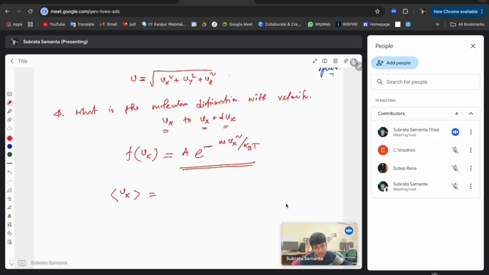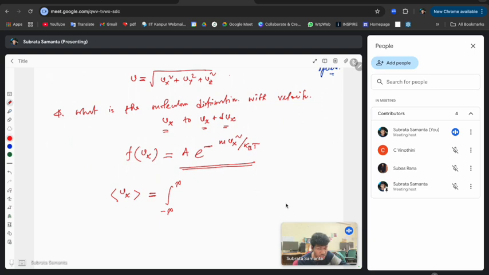And what do we expect the average velocity of vx should be? First of all, is it 0 or does it give a non-zero value, right? Because this is an exponential function and a symmetric function, and your vx can be both positive and negative because this is a velocity, not a speed. So if we compute the vx average, the range is minus infinity to infinity.